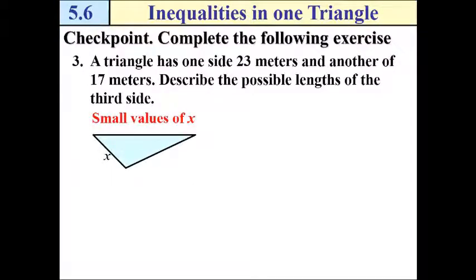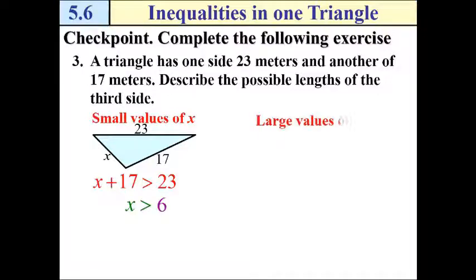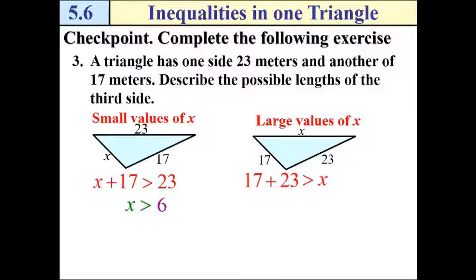Here, using the same idea to find the smallest value of x, we add x plus 17, which must be more than the third side 23, and their difference will be 6. And to find the largest value of x, we add the two given sides 17 plus 23, then x is less than their sum.